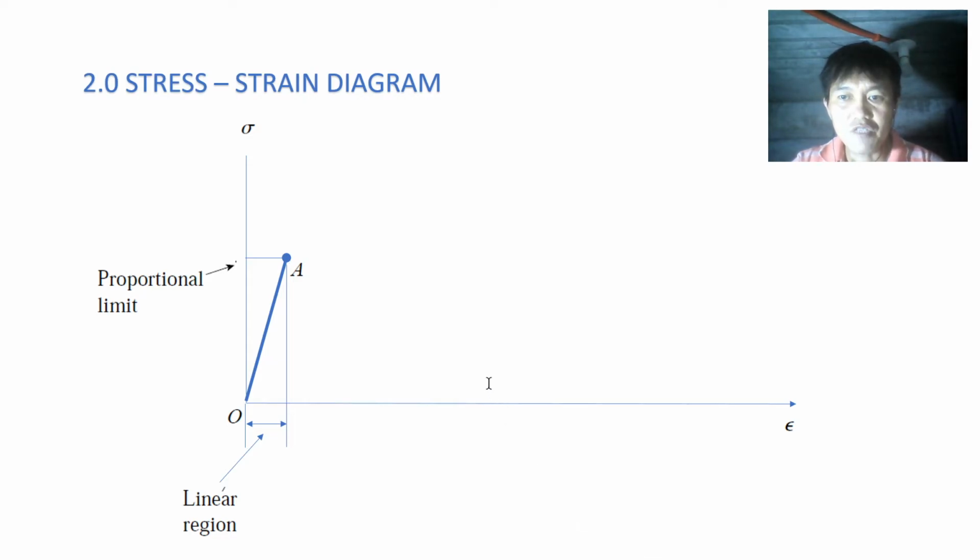For low carbon steels, this limit is in the range of 30 to 50 ksi, or 210 to 350 MPa. High strength steels can have proportional limits of more than 80 ksi or 550 MPa. The slope of the straight line from O to A is called the modulus of elasticity.